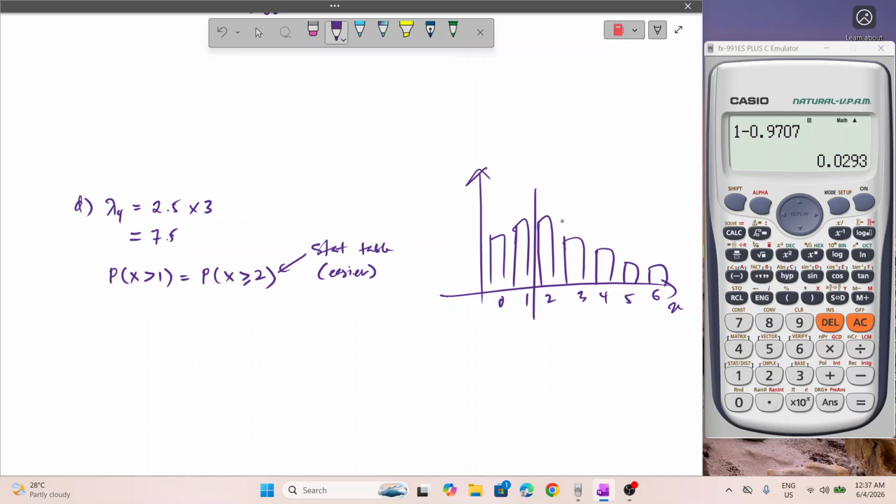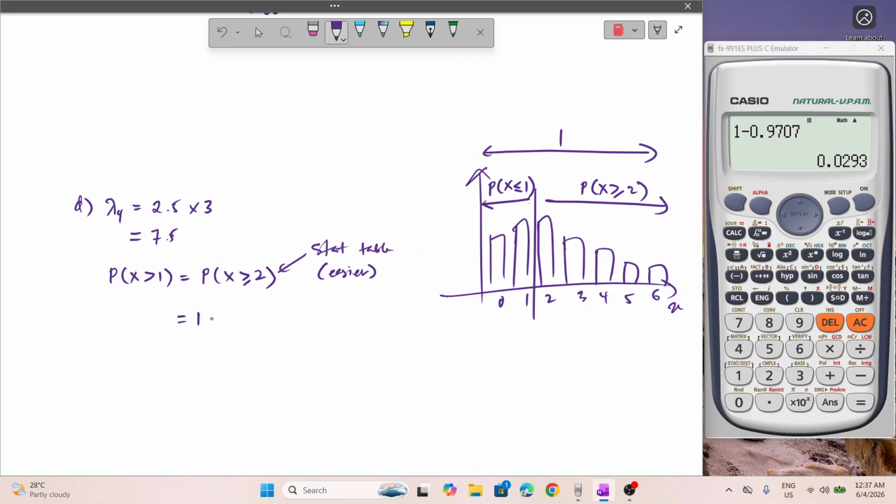This is the probability of x greater than or equal to 2, whereas this is the probability of x less than 2, or we can put it as x less than or equal to 1. It is the same. And everything here is equal to 1.